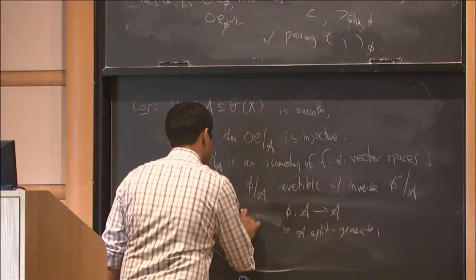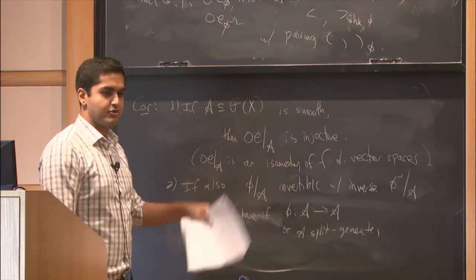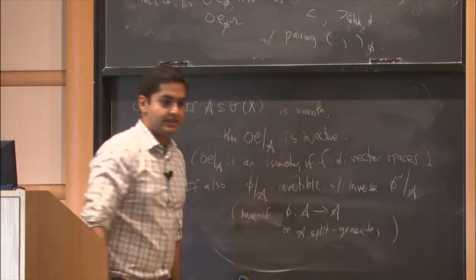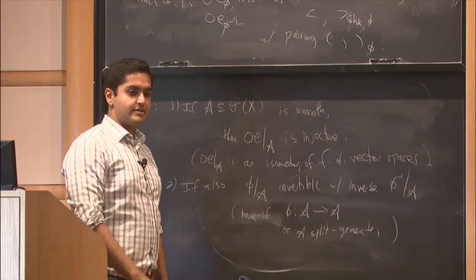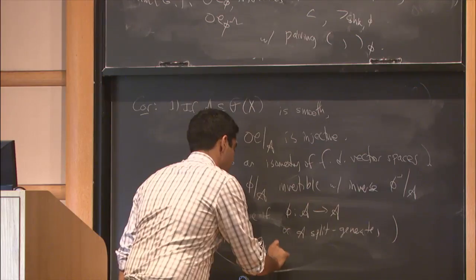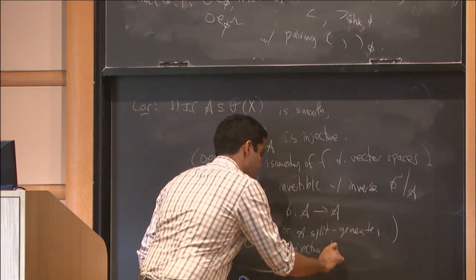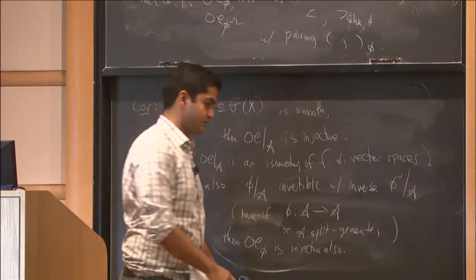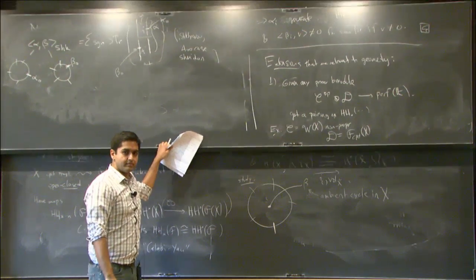Maybe I'll just say it's true if A split generates or phi preserves the category, but it's maybe true in more generality than that. If you knew that, then this phi twisted OC map is injective also, for the same reason.